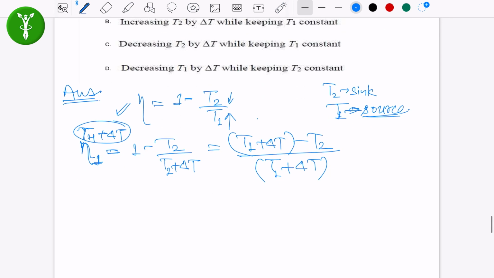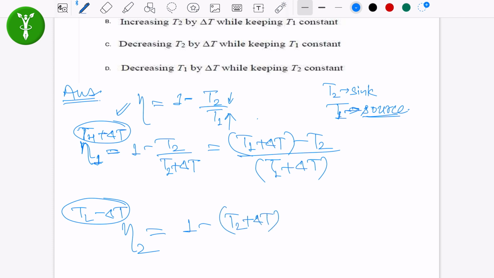Okay, now let's see the second case where we are reducing the sink temperature. So that will become efficiency at 2, 1 minus T2 minus delta T, because we are reducing something, no? Delta T is the same in both cases. If I take the LCM, T1 minus T2 plus delta T divided by T1.